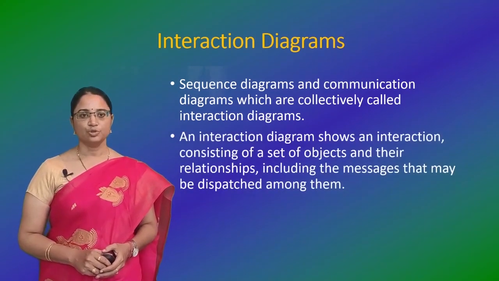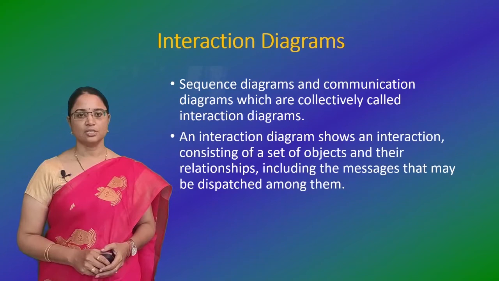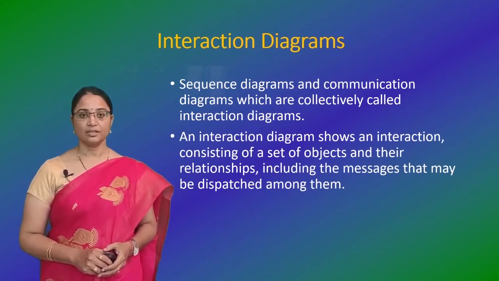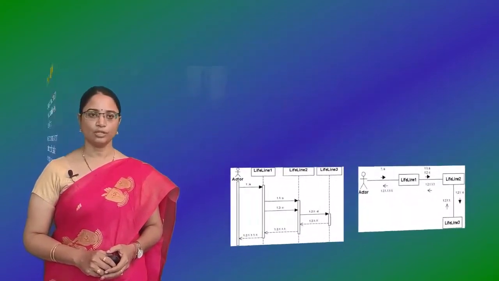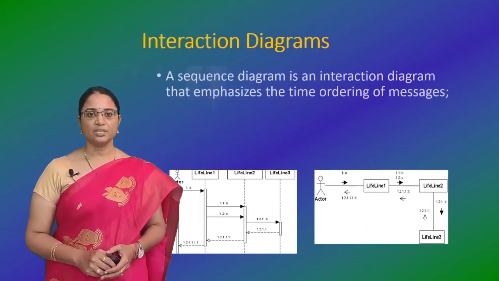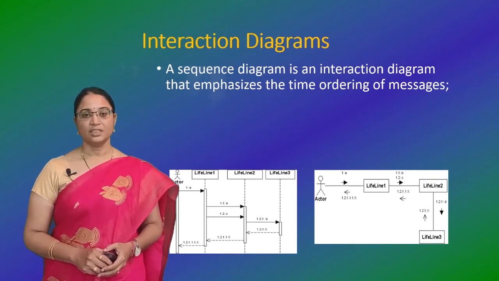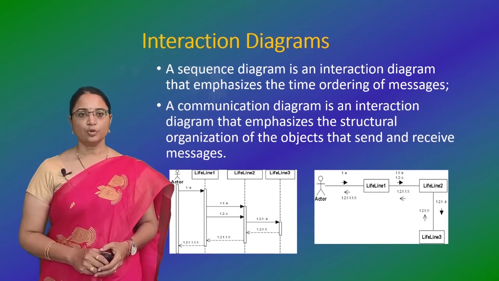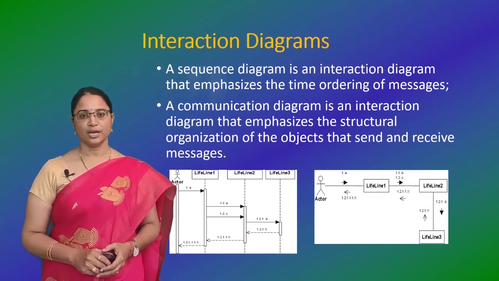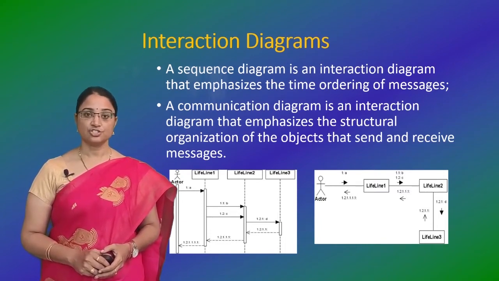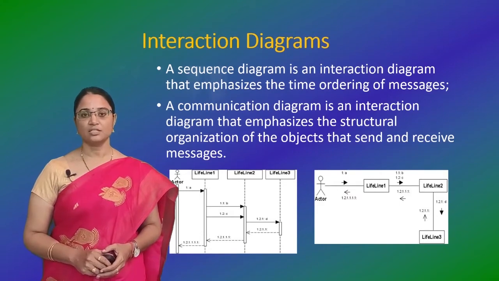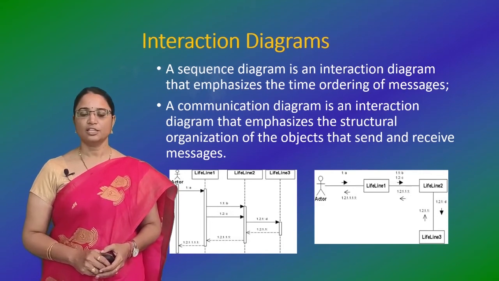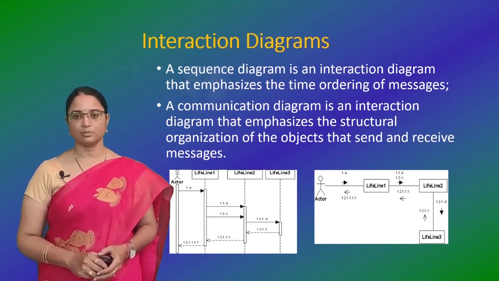An interaction diagram shows an interaction consisting of a set of objects and their relationships, including the messages that may be dispatched among them. A sequence diagram is an interaction diagram that emphasizes the time ordering of messages. A communication diagram is an interaction diagram that emphasizes the structural organization of the objects that send and receive messages. That's what we have seen in the interactions, and here also we discuss only the interaction diagrams.